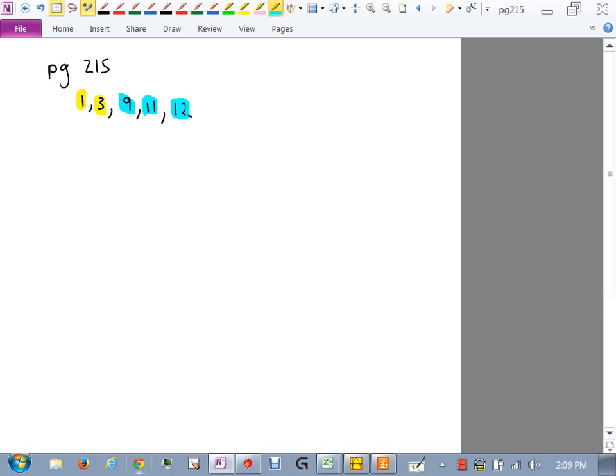All right, that brings us to 4.3. This is a big deal section. Derivatives and shapes of graphs.